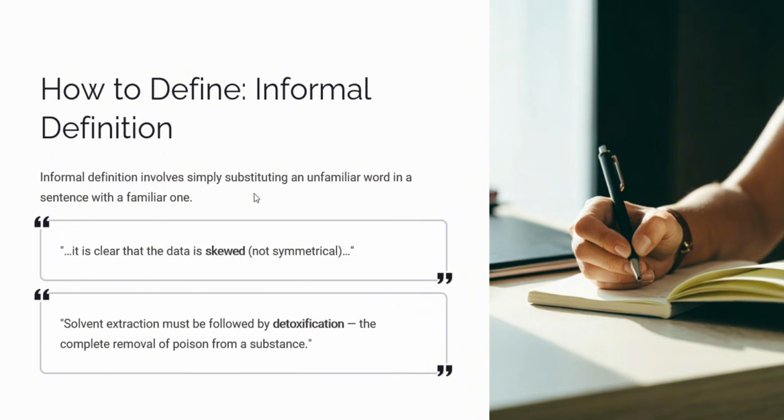Number one is informal definition. The second is formal definition, while the third is extended definition. I'm going to look at each of these definitions one after the other.